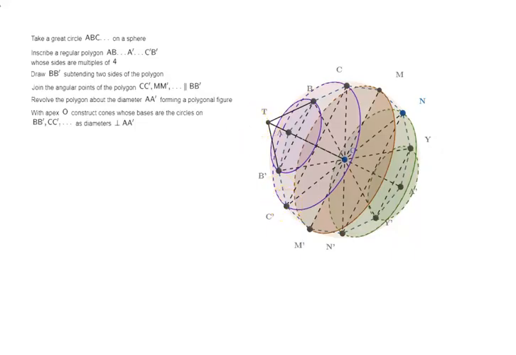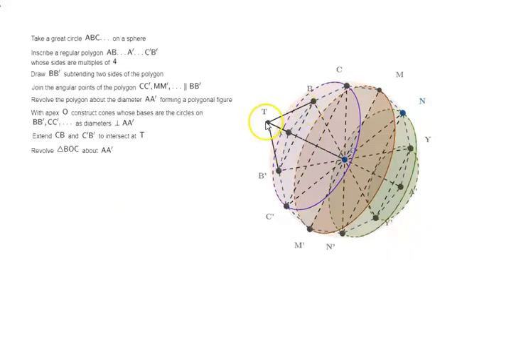Now, this forms a solid rhombus, and we know the characteristic of a solid rhombus. So let's proceed. So we have extended CB and C prime B prime to intersect at T. Now we revolve triangle BOC about AA prime. Now why BOC?